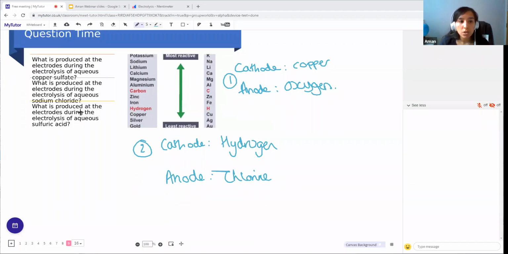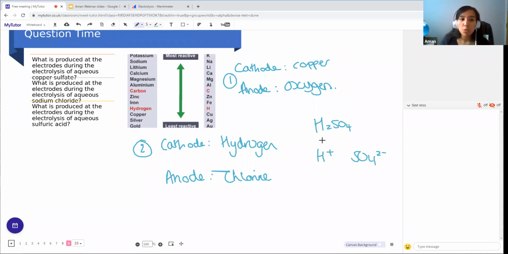Okay, what is produced at the electrodes during the electrolysis of aqueous sulfuric acid? So slightly more difficult. What's the formula for sulfuric acid? Anyone remember? I think we covered this a couple of weeks ago when we did neutralization. It's not SO4. What's the formula for sulfuric acid? H2SO4, excellent. So that means it will split up into its ions of H+ and SO4 2-.